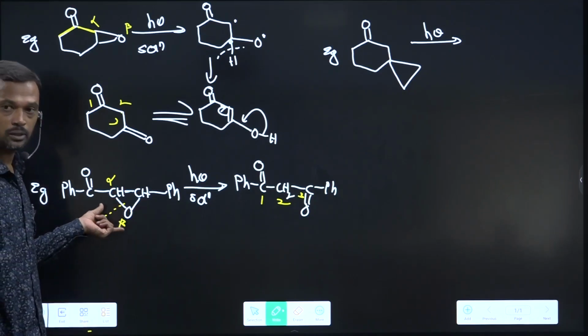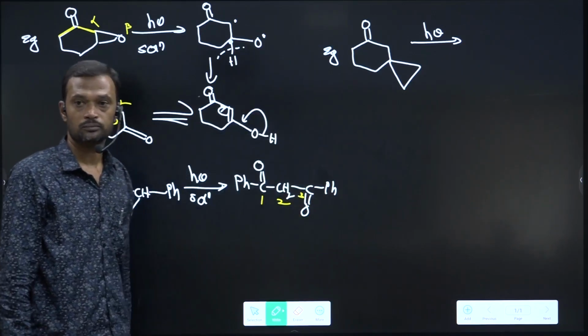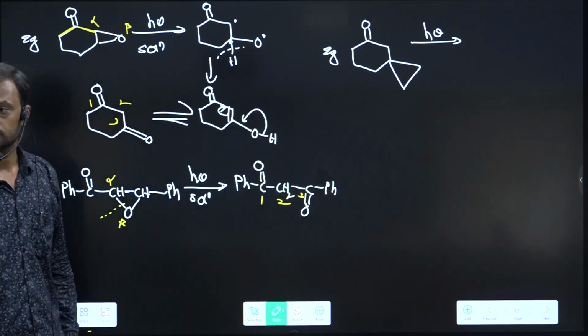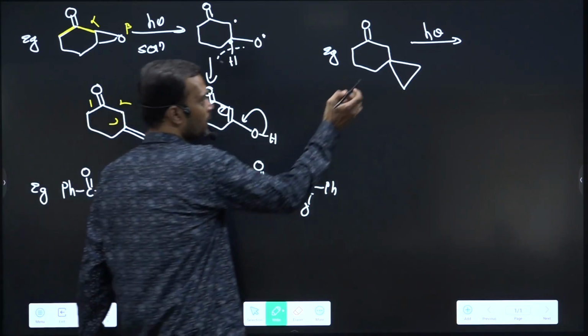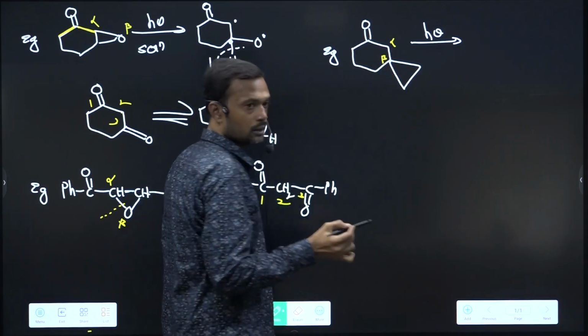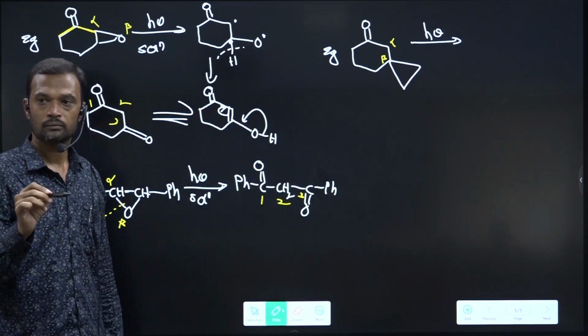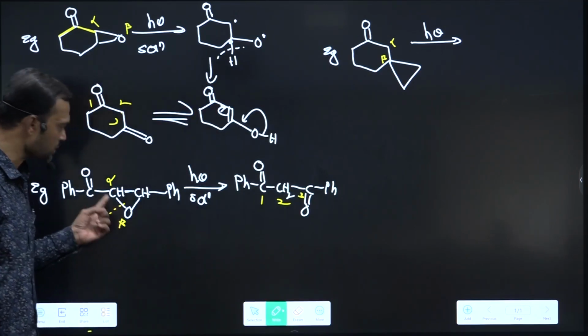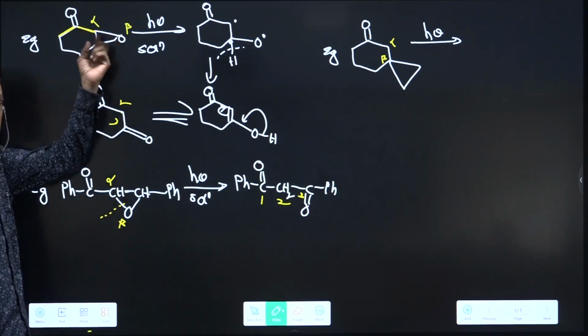Here I am giving one statement every time. Based on that statement, say whether Norrish I is possible or not. Is it an alpha carbon? Is it beta? Are alpha and beta present on the same carbon, same ring? Yes. In this, are alpha and beta present on the same ring? No. In this, alpha and beta are not present on the same ring.